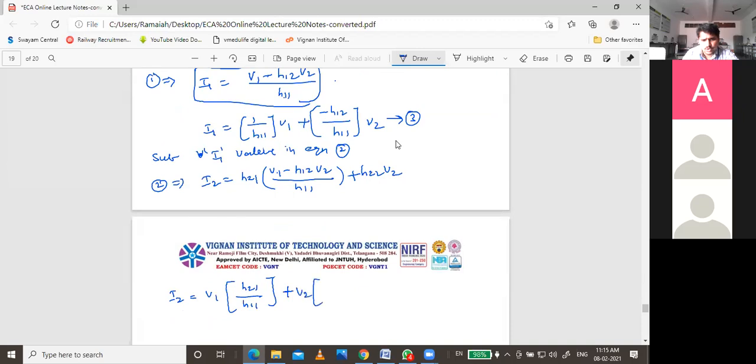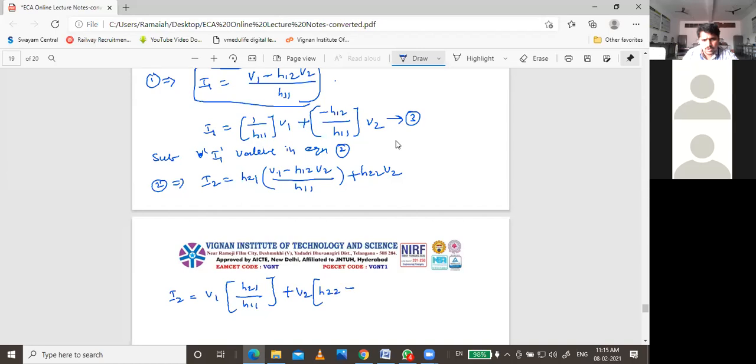So this is H22 minus H21 into H12 by H11 is the V2 coefficient. So H12 H21 by H11 is the V2 term.